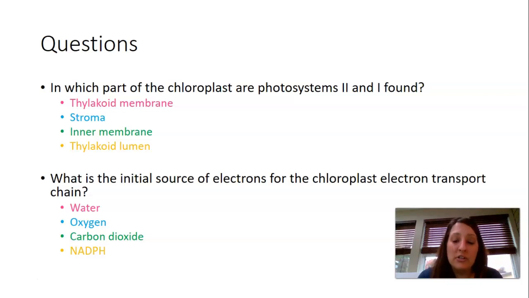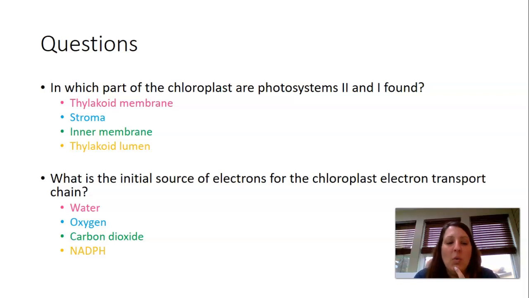Okay, the energy to drive that second step is produced here. And again, photosystems 2 and 1 are crucial components to that, and they're going to be located in the thylakoid membrane. So we're in a leaf, right, in a mesophyll cell, inside of a chloroplast, inside of that thylakoid membrane. That's where we're going to find photosystems 2 and 1.